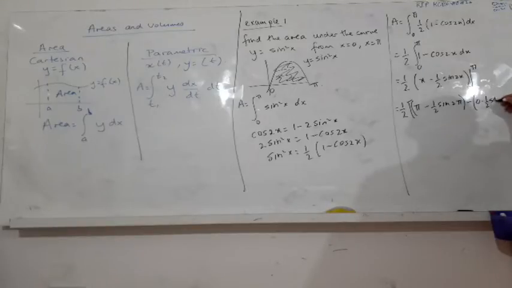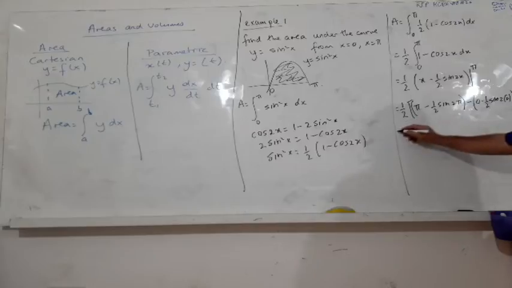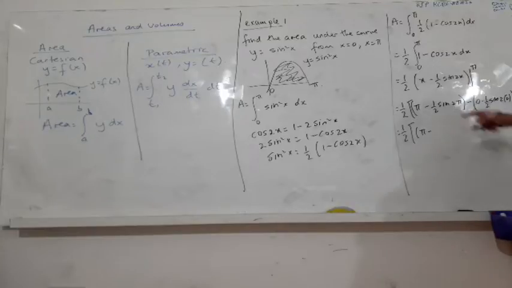So 1 over 2 pi. What is the value for sine 2 pi? This is 0. 1 over 2 times 0 is 0, minus, we have 0 there. What is sine 0? 2 times 0 is also 0. So the answer is 1 over 2 pi.